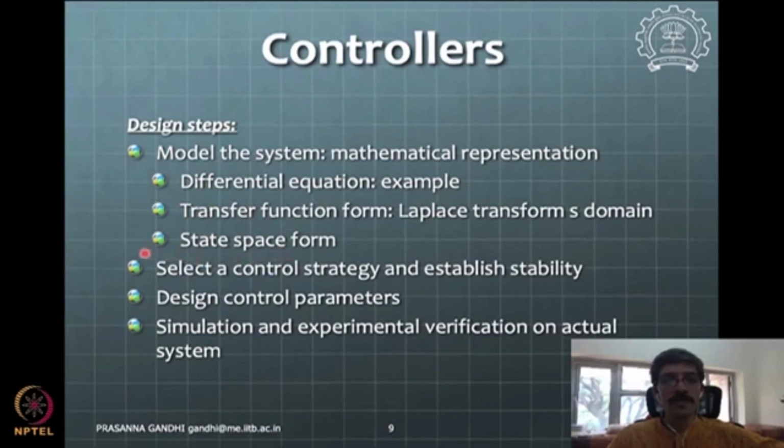Then you will select some kind of control strategy and do some mathematical analysis to establish that the strategy gives you a stable controller. Then you put some effort into designing the control parameters to make sure that the desired goals of the application are achieved, and then simulation and experiments, and then reiterate some of these processes to make sure that your final control is good.